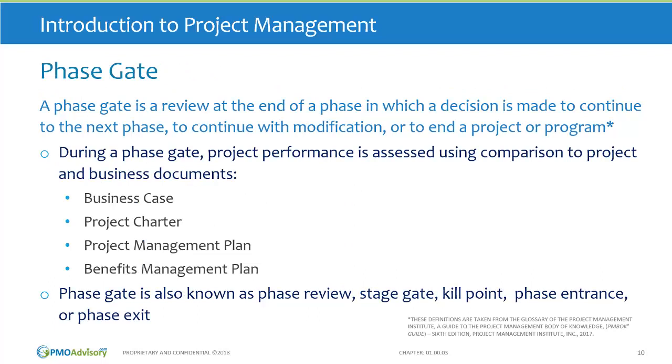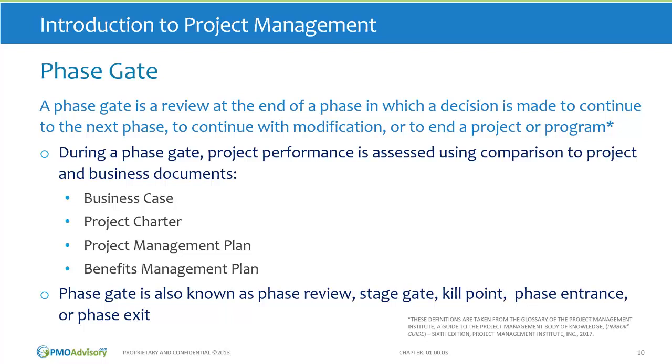Phases are also defined by their phase gates. A phase gate is a review at the end of a phase in which a decision is made to continue to the next phase, or to continue with modification, or to end the project or program.